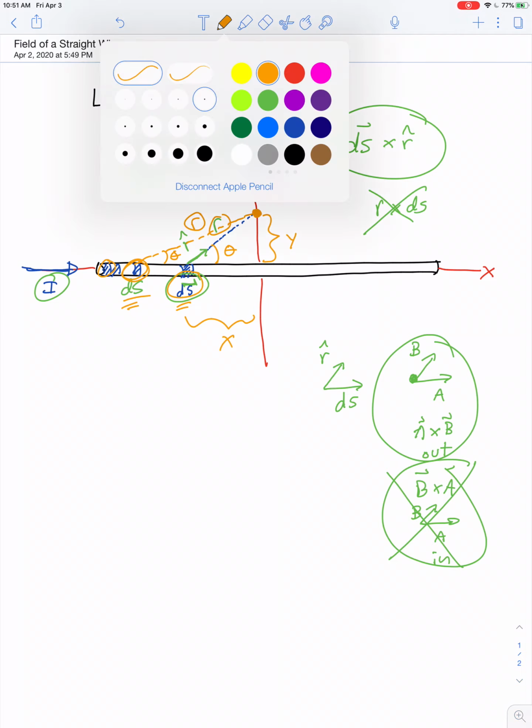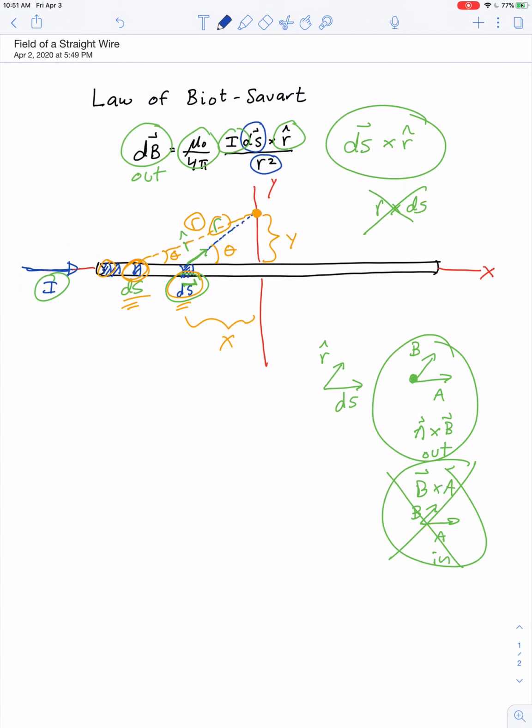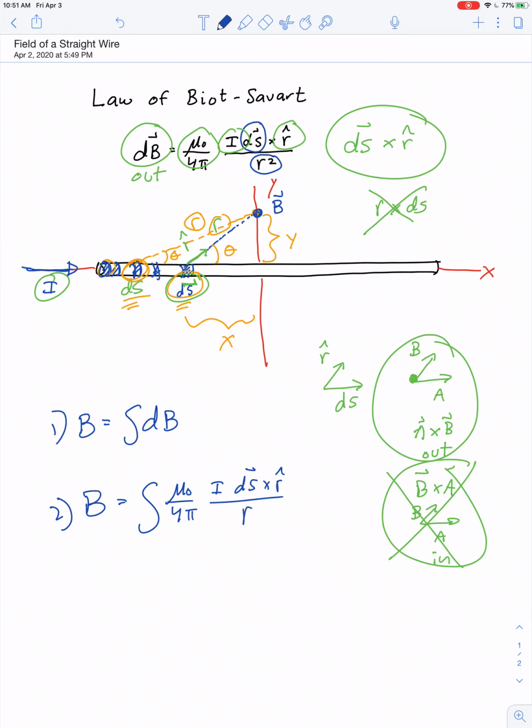So let's continue. If I want to get the overall magnetic field at this point, then I need to integrate all the contributions to the magnetic field from each and every one of these ds. Okay, so that means I have to take the integral of mu naught over 4 pi I times the cross product of ds and r hat, all divided by r squared.